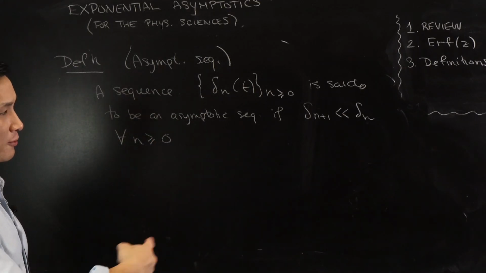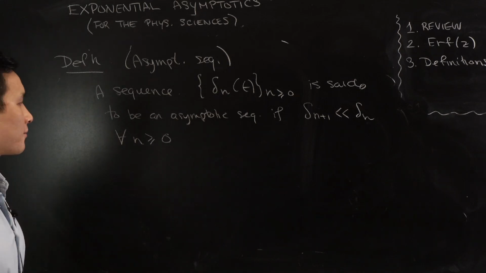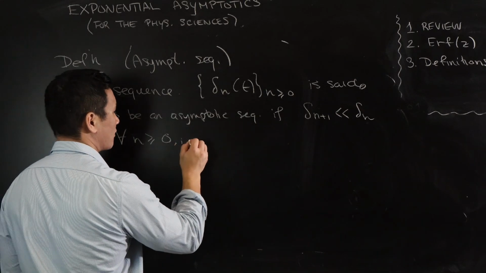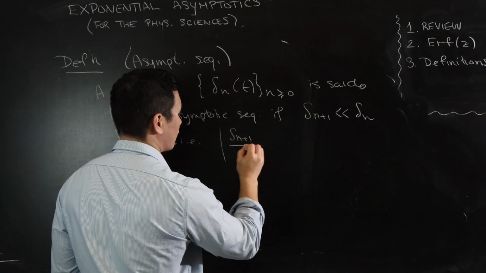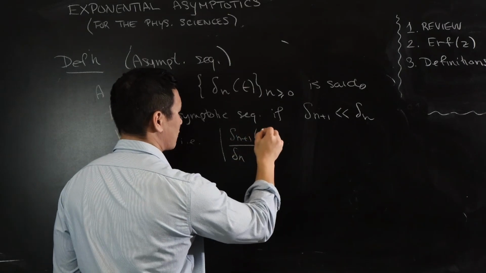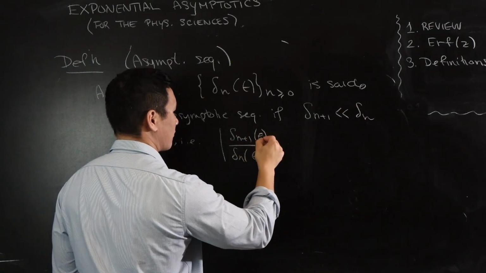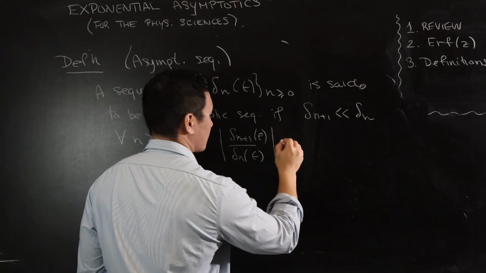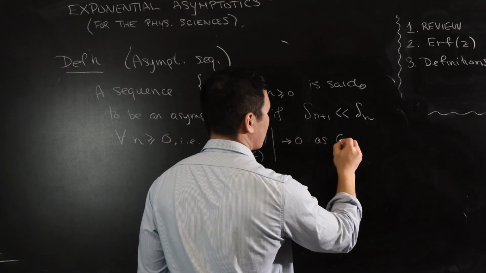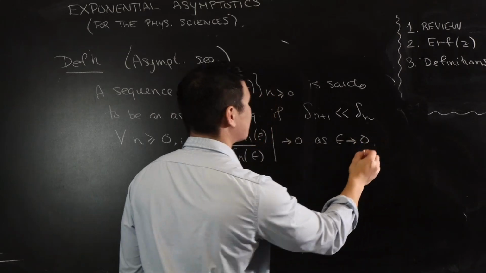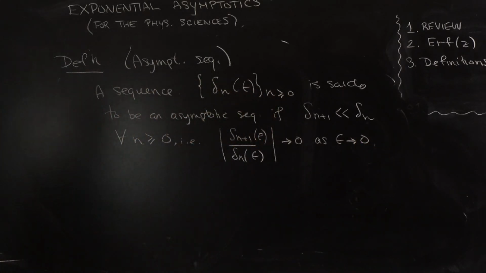So basically the progression just gets smaller and smaller. I.e., the technical definition just says that delta n plus 1 over delta n of epsilon tends to 0 as epsilon tends to 0. Okay.